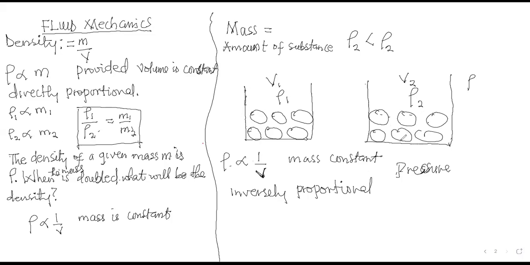Look at the example I cited. I had two different volumes, V1 and V2, but the number of particles I put in were the same, 6 for V2, 6 for V1, meaning I'm making the number of particles inside constant. So the same number is what I mean by mass being constant.